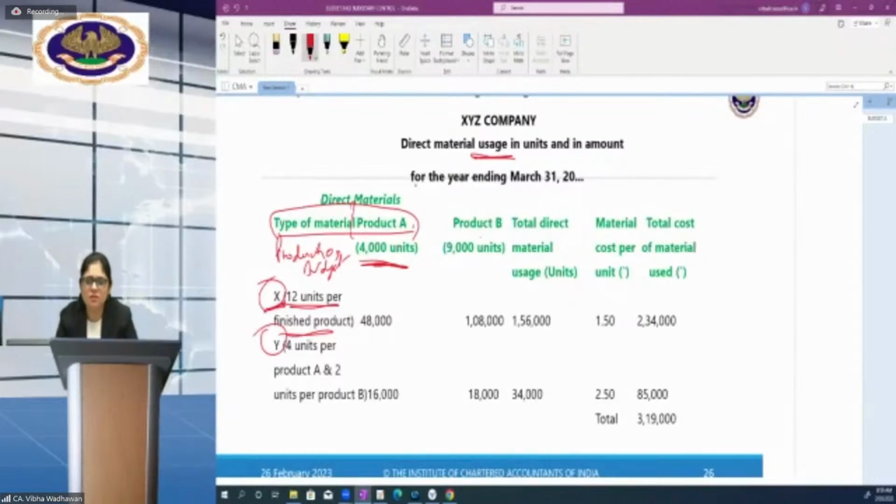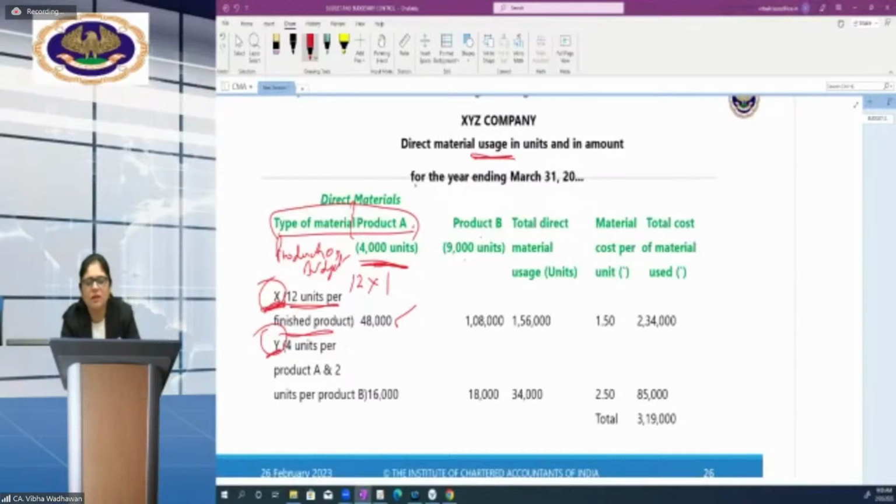On the basis of this, we are going to make the direct material budget. There will be two types of material required for both these products, material X and material Y. So 12 kgs of material X will be required for 1 unit. How much will be required for 4,000? 48,000.